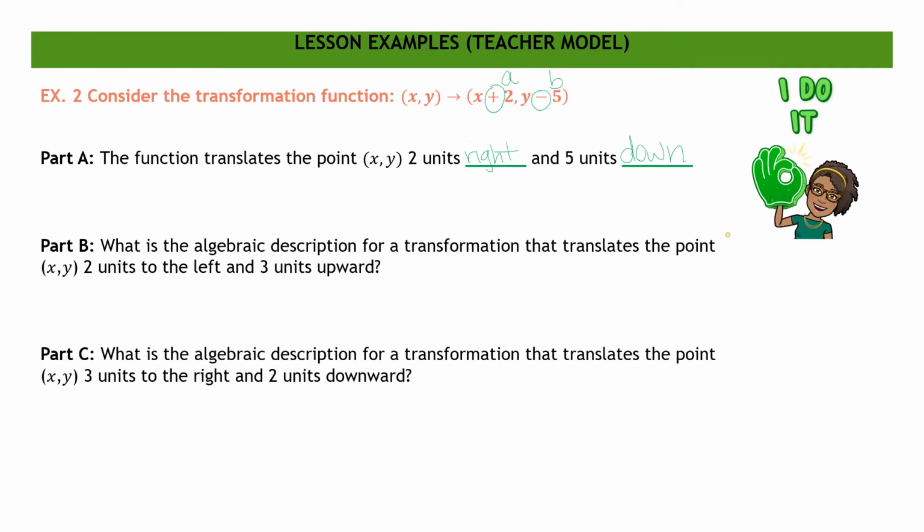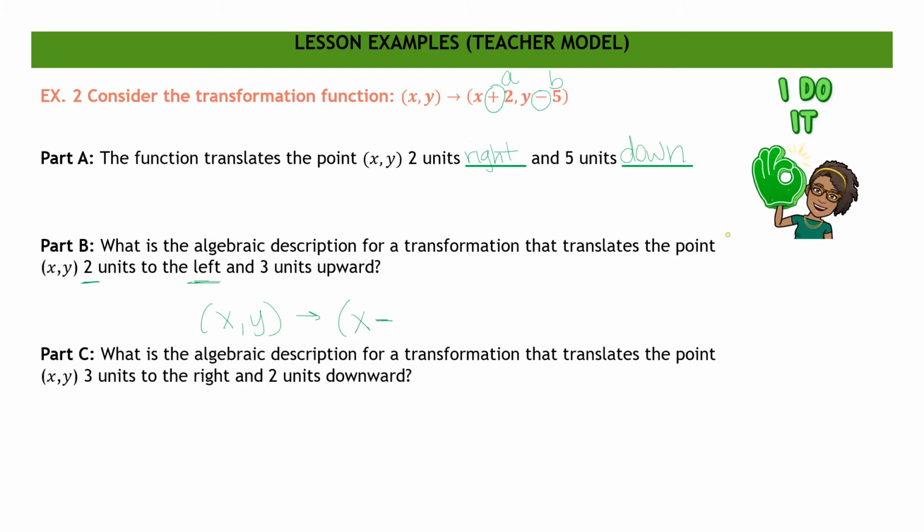Part B says, what is the algebraic description for a transformation that translates the points (x, y) 2 units to the left and 3 units up? So 2 units to the left. That means I take my points and use a function where 2 units to the left tells me that I am going in the opposite direction of right.